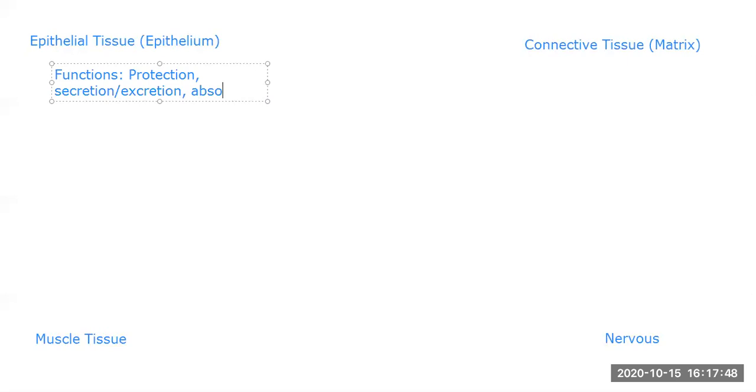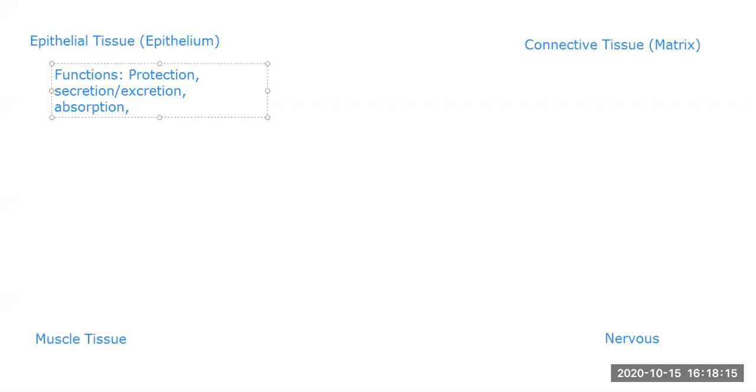Another function is absorption. This can be seen in the small intestine. As an example, the small intestine is lined with a layer of simple columnar epithelial tissue, and one end of it is full of microvilli to increase surface area.